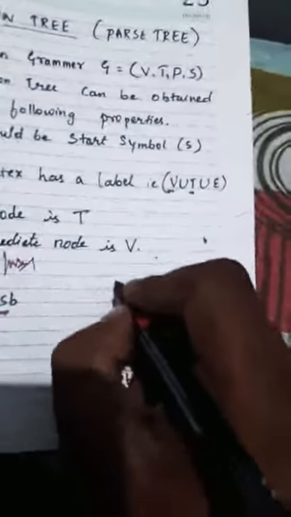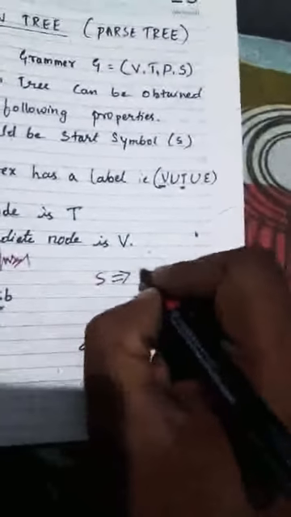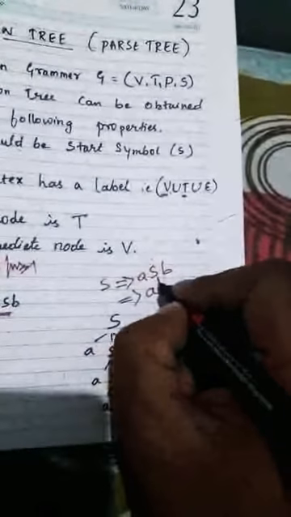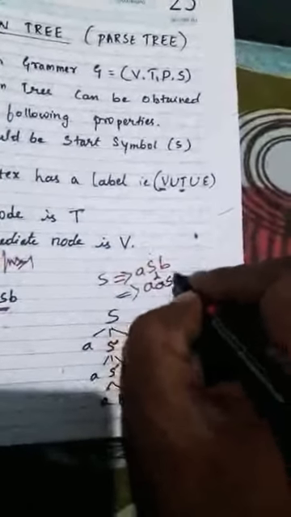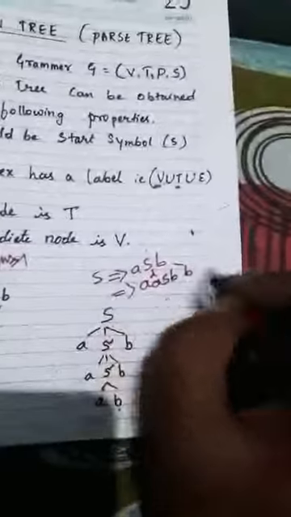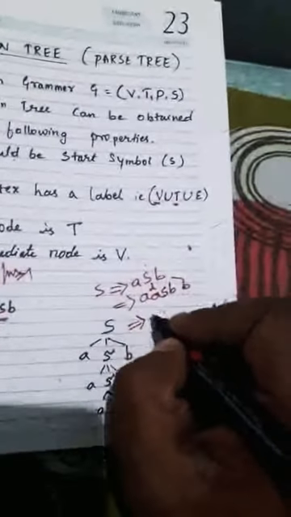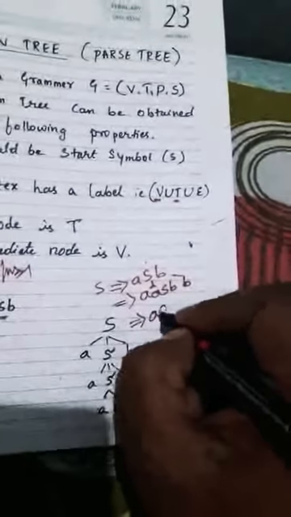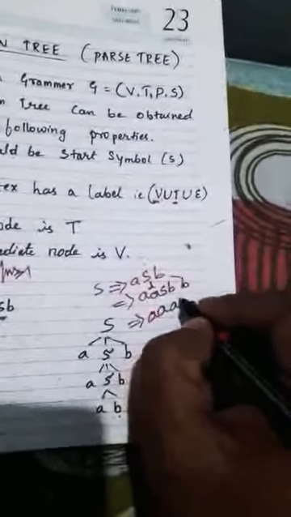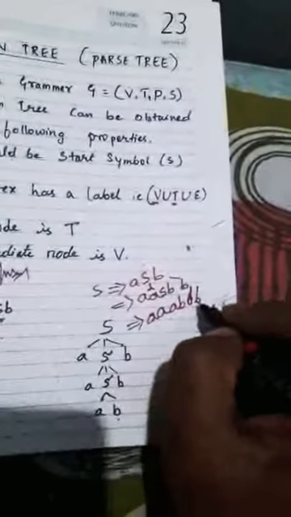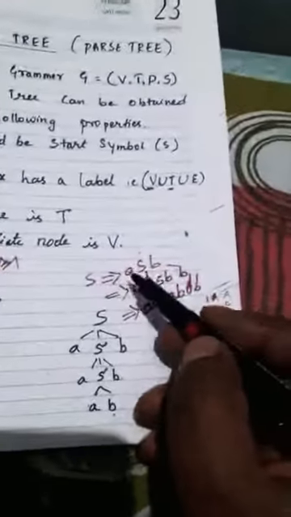Suppose I write one more derivation like this, S tends to ASB, and I write this as ASB again, with B as it is. Next time if I take this S as AB, you'll get 3 A's and 3 B's.